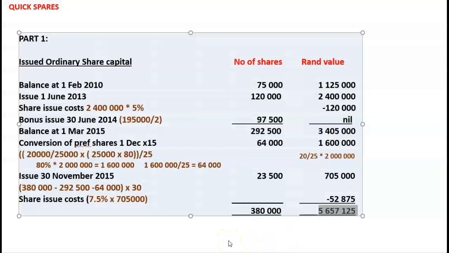Now I refer you back to one of the examples that I've done, and I actually indicated that on Ifundi, disclosure, where we have disclosed the shares and the equity in the statement of financial position and the notes thereto. You know that in the notes, you have to show the movement of the shares in numbers, the number of shares. How much was the number of shares issued at the beginning of the year? What happened with those number of shares during the course of the year? So very much the same as what we've done here.